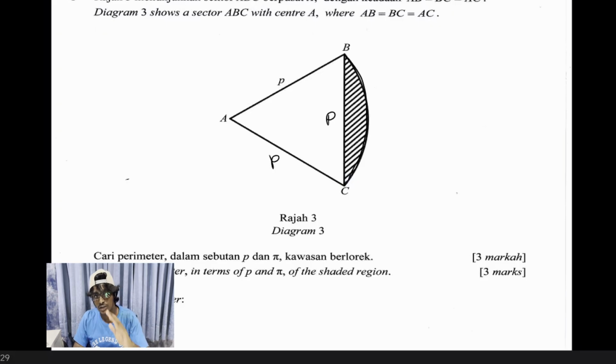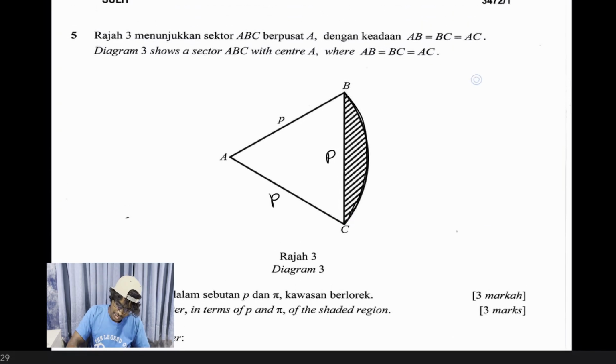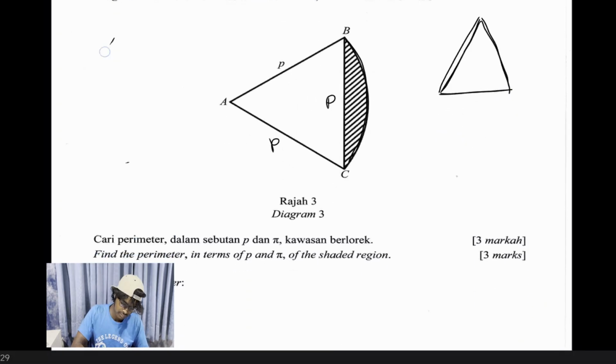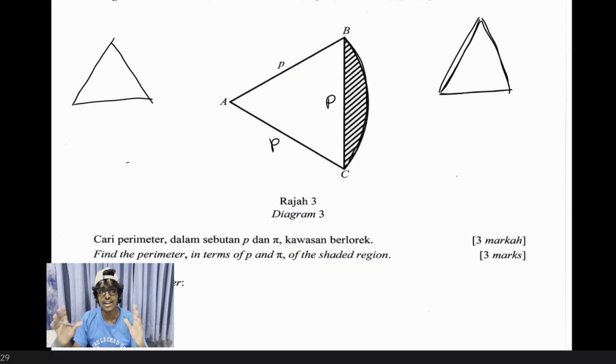Now listen carefully. A triangle works like this. If all of these lines have the same length, then the angles are divided equally. A triangle has a total internal angle of 180 degrees.